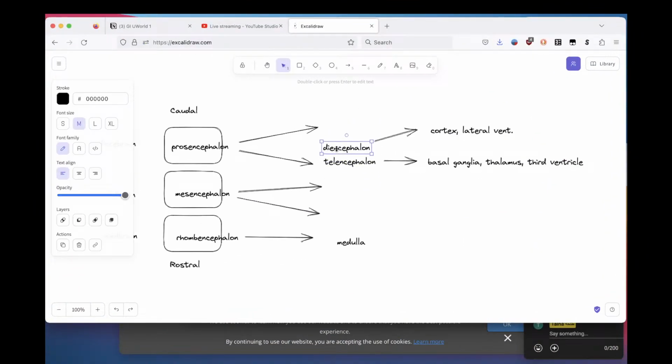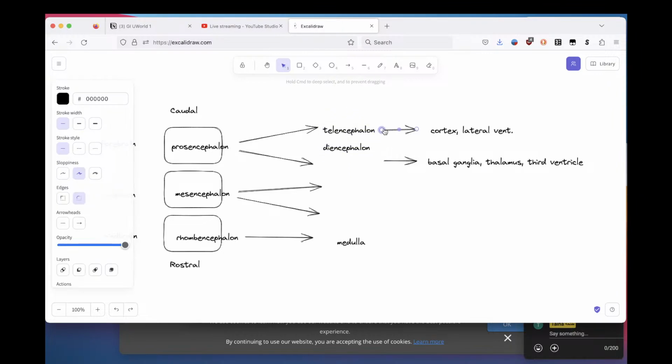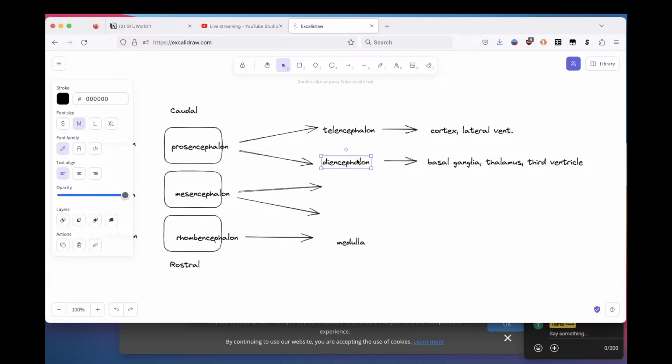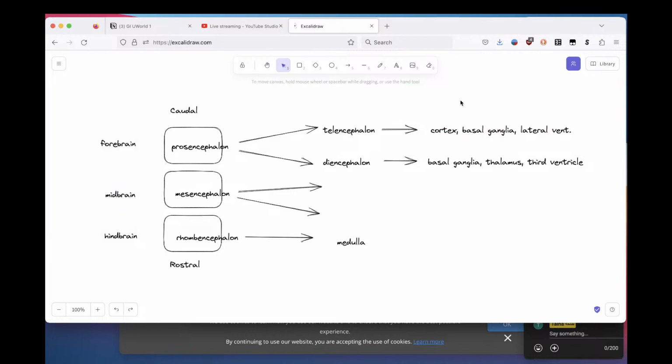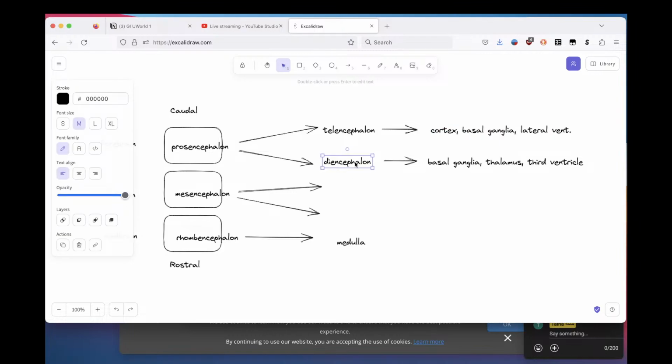So telencephalon, diencephalon: cortex, basal ganglia, lateral ventricle, then we have the diencephalon.